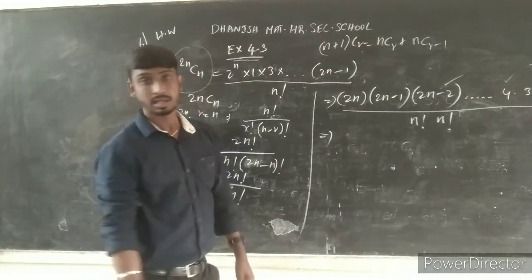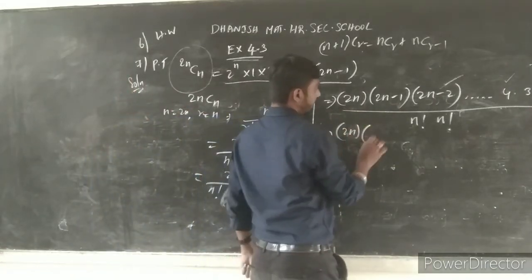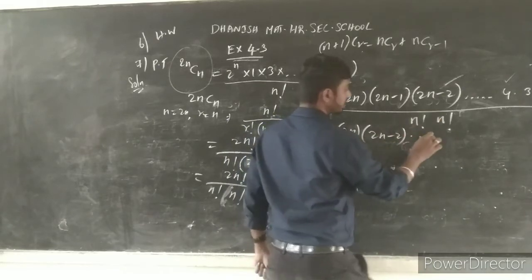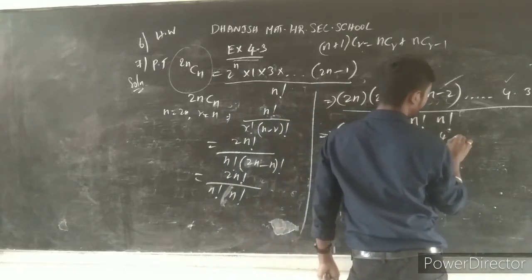Now split up this one. That is 2n into 2n minus 2, what is the even value? That is 4, 2 here.